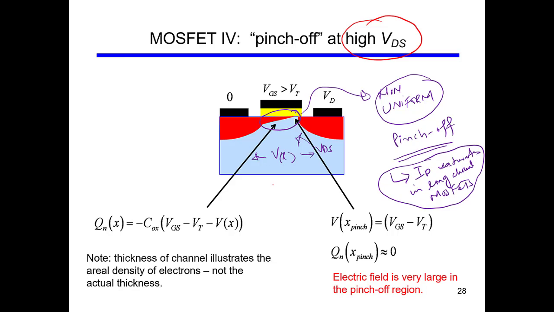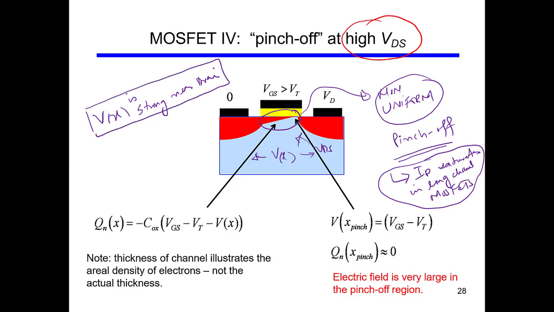What that means? That near drain Vx is strong, and as you go out towards source side it drops.